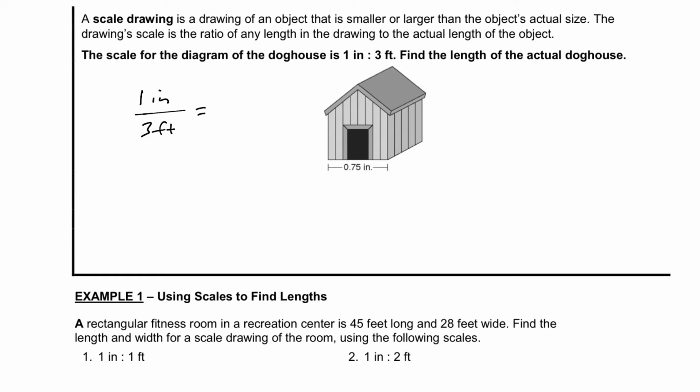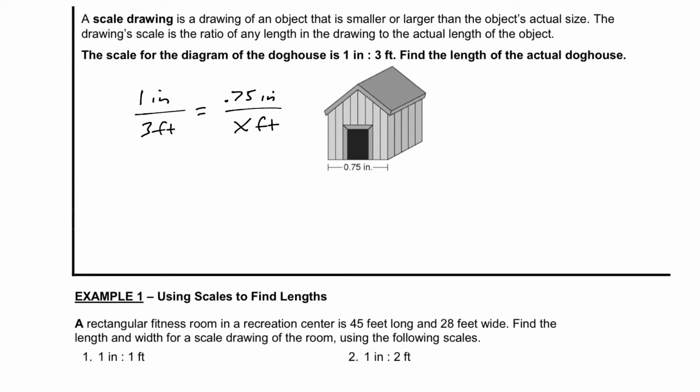And so we're going to set that up so that when we set up our proportion, our second fraction is also going to be inches over feet. And then we have 0.75 inches on the top, and we're going to put X feet on the bottom.